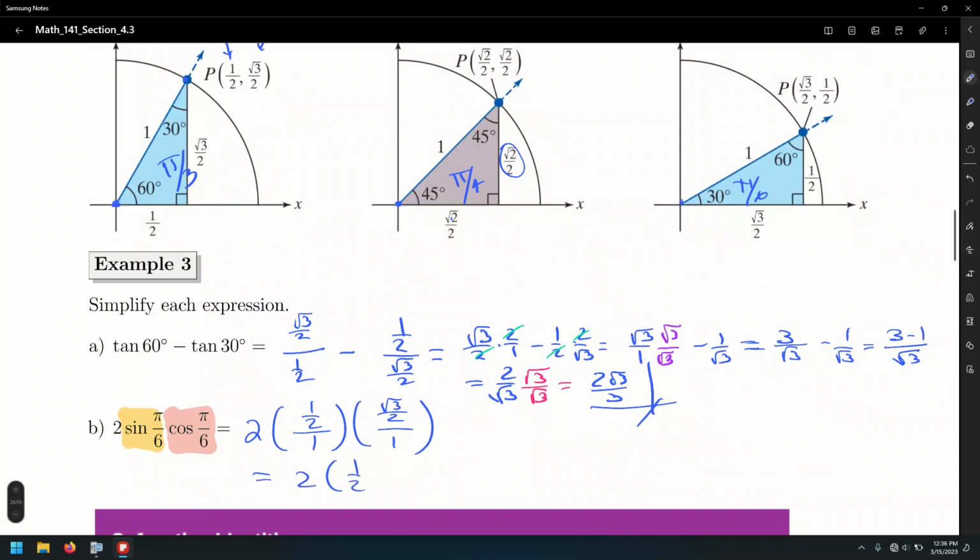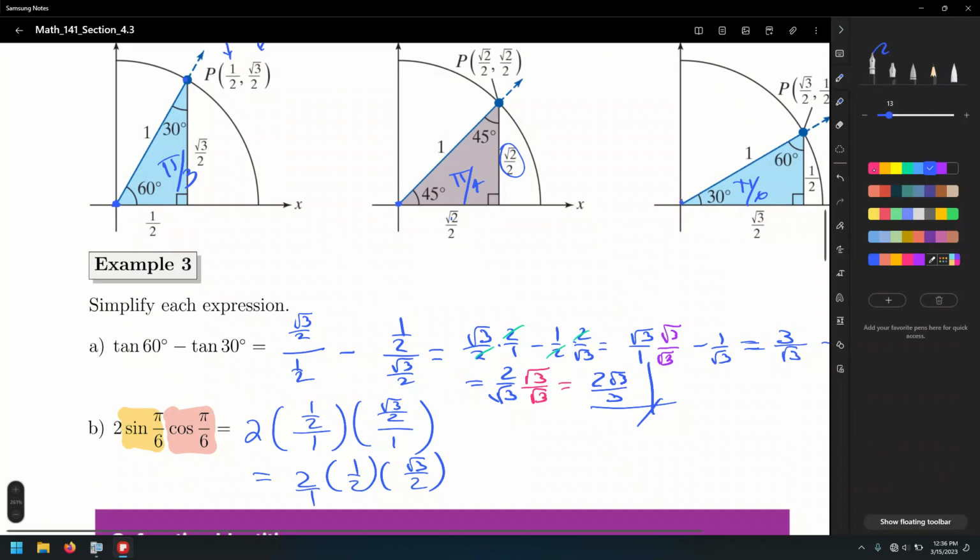That's 2 times 1/2 times root of 3 over 2. And notice 2 is the same as 2 over 1, and check how we can divide out the 2's, and final answer, root of 3 over 2.